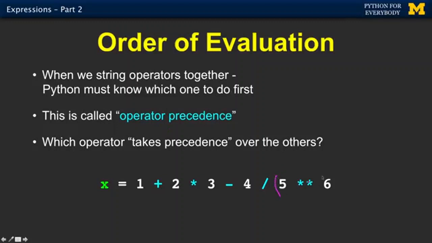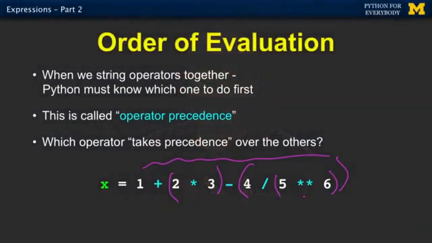So I'd say 5 to the 6th power goes first, then this 4 divided by that goes next, then this 2 times 3 goes next, and then we evaluate the rest of these things left to right. So I just added the parentheses that are the same. This is exactly the same as what it would be without the parentheses, because this happens first, this part here happens second, this happens third, and then all this other stuff happens fourth.